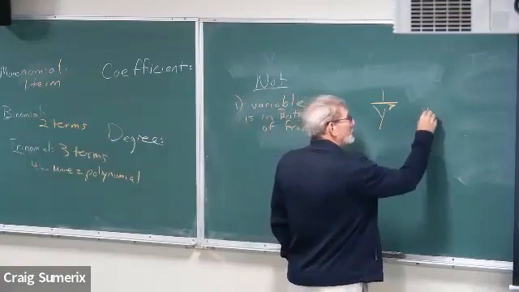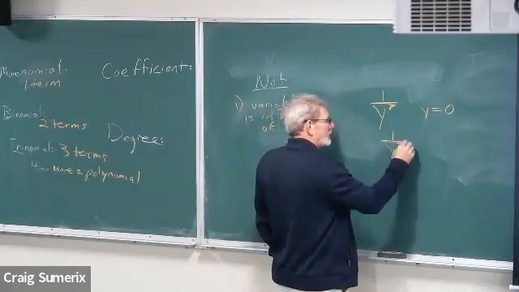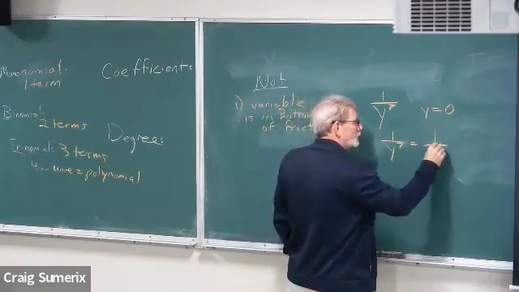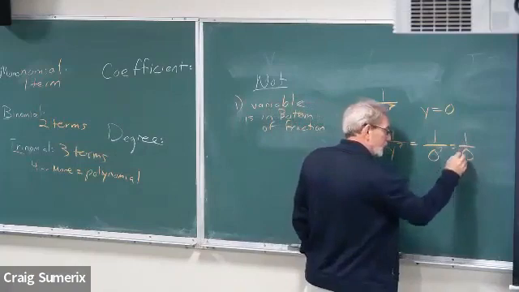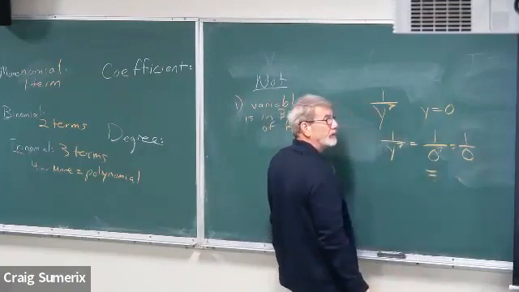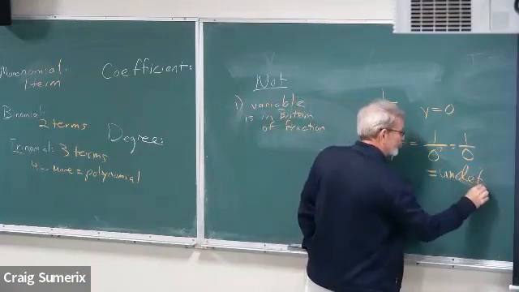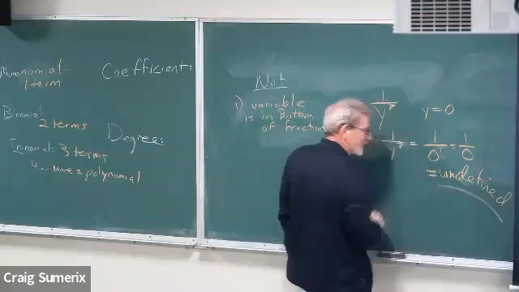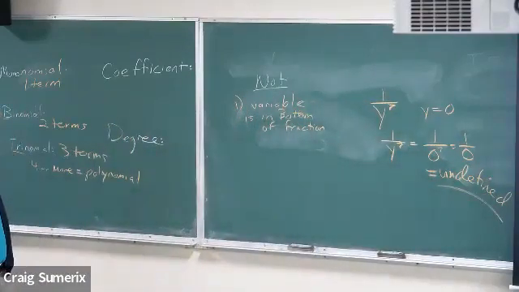What if y was equal to 0? Then 1 over y to the 7th becomes 1 over 0 to the 7th, which is 1 over 0, which is chapter 1. There was a reason why I talked about it in chapter 1, because it keeps coming back. So if you have a value that you put in and it makes the thing blow up, then it's not a polynomial.